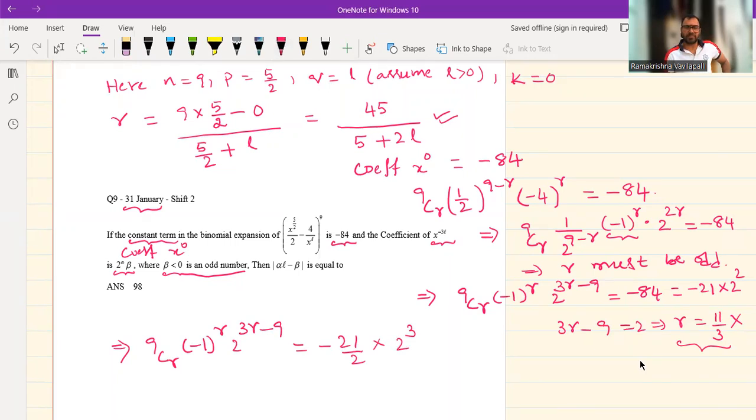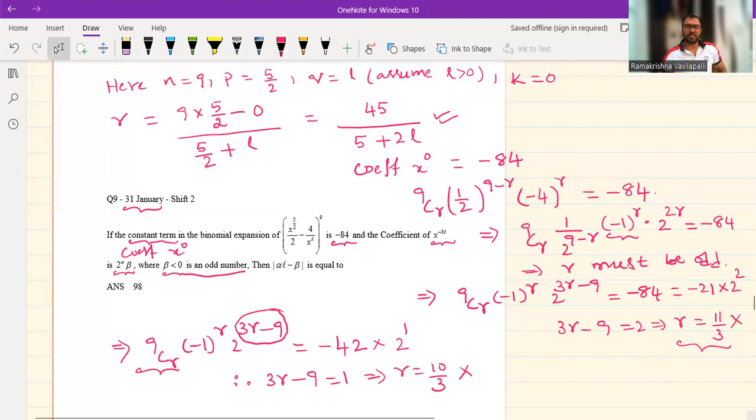Anyway, this binomial coefficient is never a fraction, so I'll take this as 2 to the power of 1, and this is minus 42. So now equate the power: 3R minus 9 equal to 1. Right? So this implies R equal to 10 by 3. So this is also not possible.